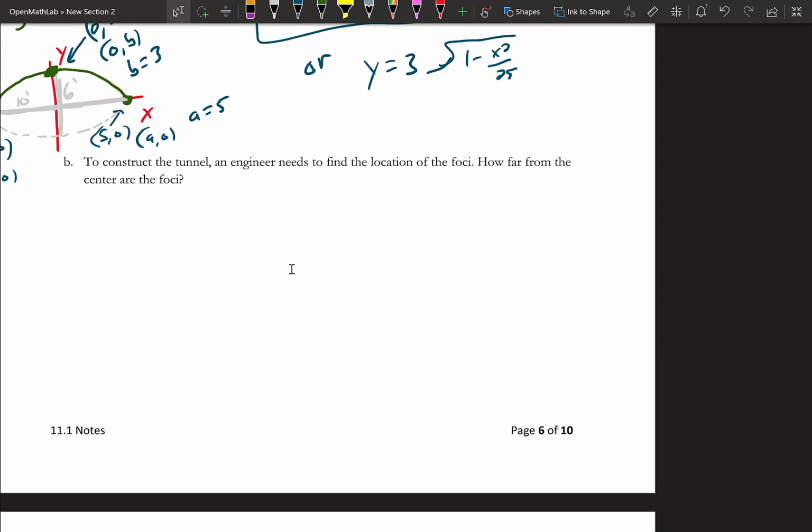So then, part B, to construct the tunnel, an engineer needs to find the location of the foci. How far from the center are the foci? Remember, the foci are at the coordinates (c, 0) and (negative c, 0). So what we're missing is the value for c. Remember, c squared equals a squared minus b squared.